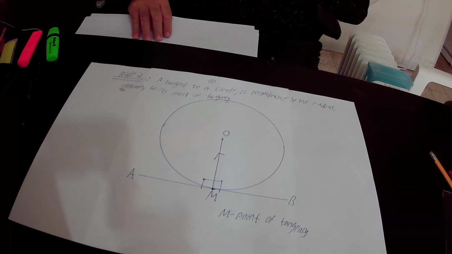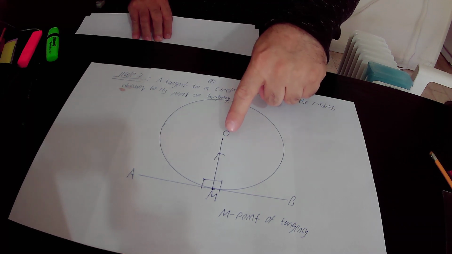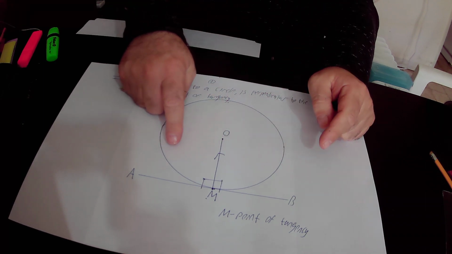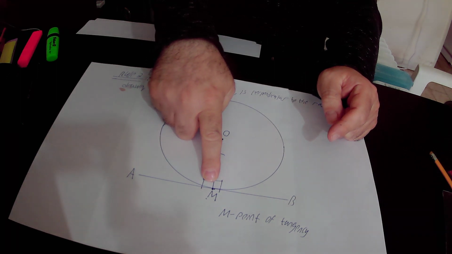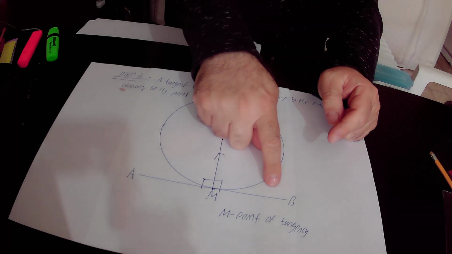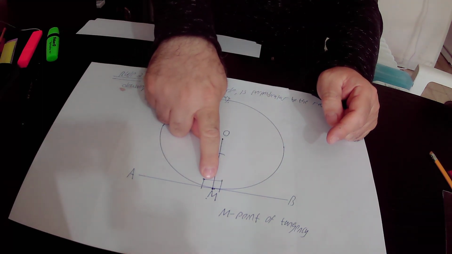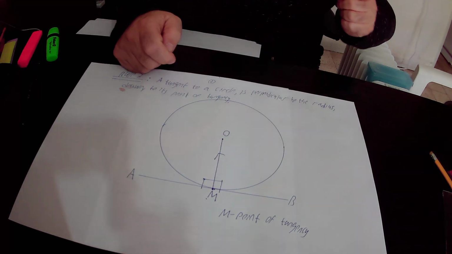The meaning of rule number 2 is that if we have this circle, then the center of this circle is this point, point O. And we have tangent AB, which is tangent to this circle at this point. This is the point of tangency. We defined point M as the point of tangency. The point where the tangent AB touches this circle is point M. So point M is the point of tangency.